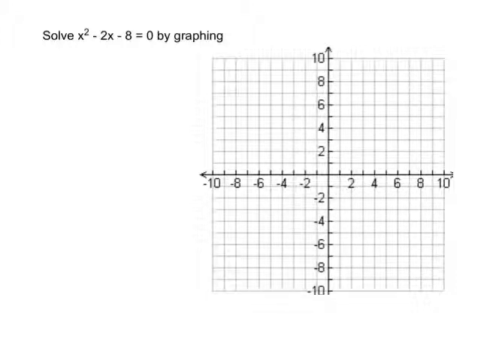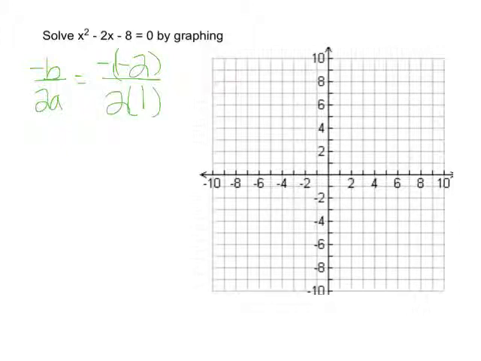So to do that, I'm going to use negative b over 2a to find my x. And so I'm going to get negative 2, because the b is my negative 2, over 2, and a is just 1. So I get 2 over 2, which equals 1.